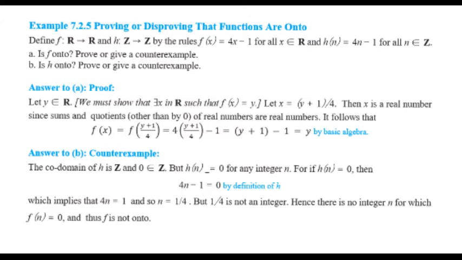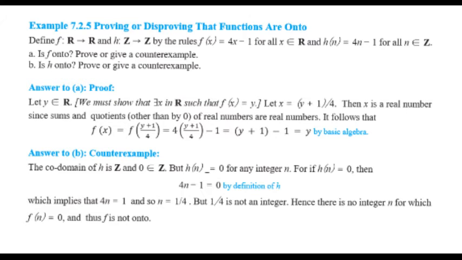And the question is, is f onto? You can either prove it, or if you want to disprove it, you have to give a counterexample. And the same question for function h: is h onto? Either prove it or give a counterexample.